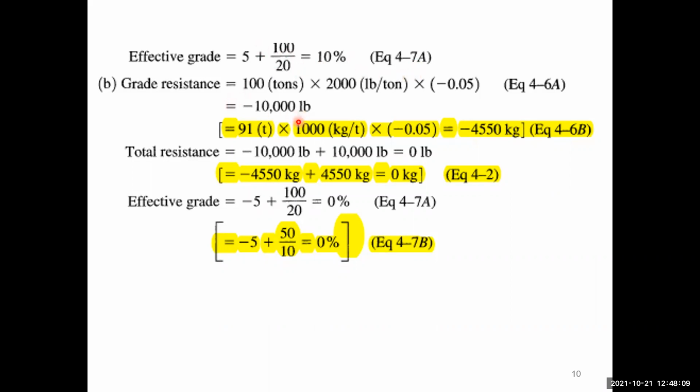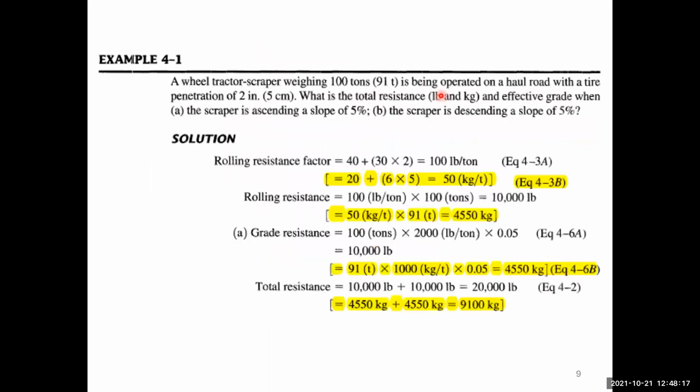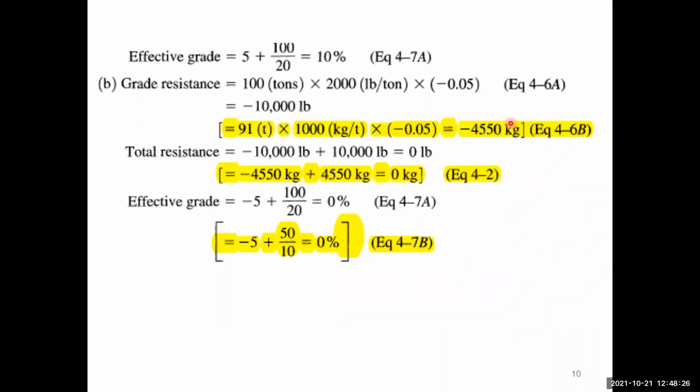In part B, the grade resistance will be negative because we are moving downwards, descending. This is a descending slope. So since this is a descending slope, the grade resistance will be down, negative. So it will be minus 4,550 kilograms. So the total resistance will be minus 4,550 plus 4,550, that will be 0.